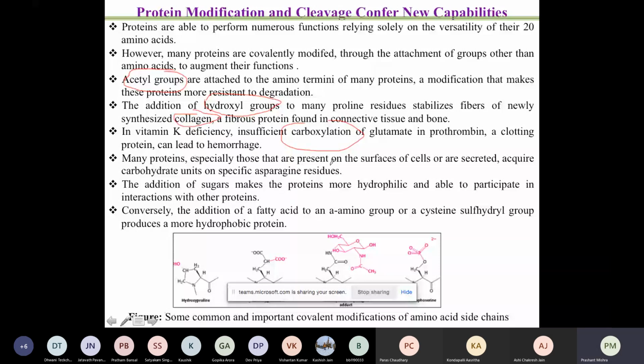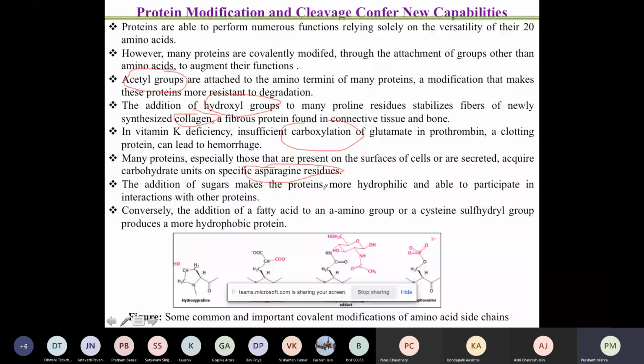Many proteins which are present on the surface of the cell or are secreted acquire a specific asparagine residue. This kind of modification, the addition of sugar, makes the protein more hydrophilic. That part we have discussed when talking about carbohydrates.